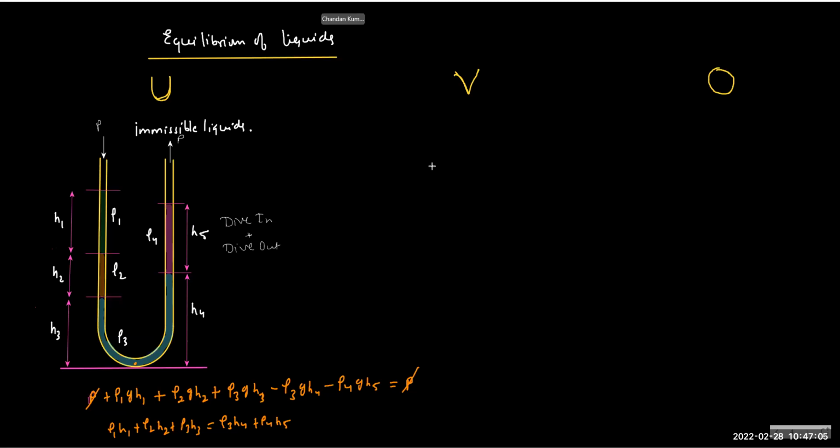So now in case of V tube, which is just shape wise different, theory wise, everything is same. So we have a tube like this.